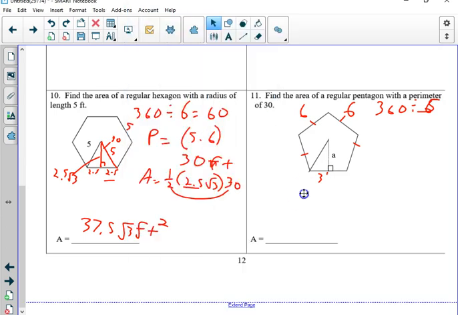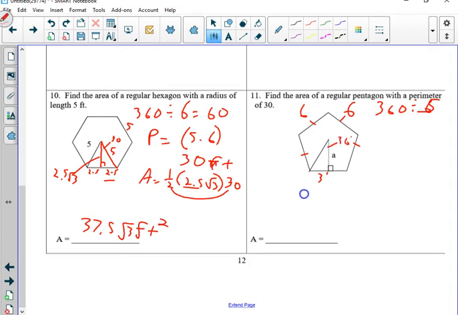Okay? So that means this right here is 36 degrees. We're trying to find the apothem. So we have the opposite side, we're trying to find the adjacent. That's tangent. Tangent of 36 degrees equals 3 over x.